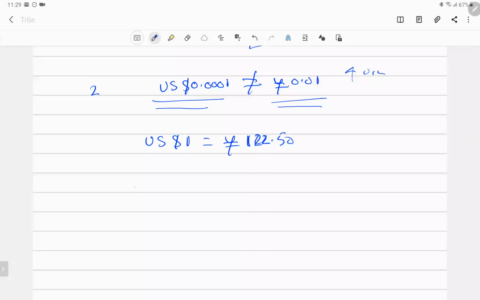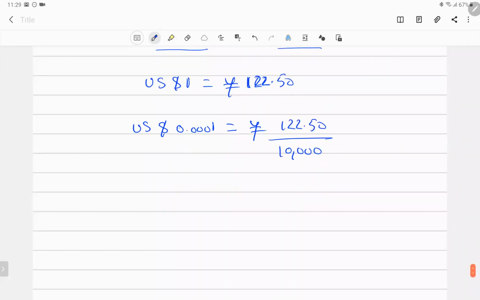It means that US dollar 0.0001 is equal to yen 122.50 divided by 10,000. So you will get yen equal to 0.01225.